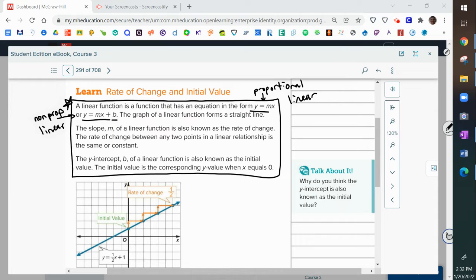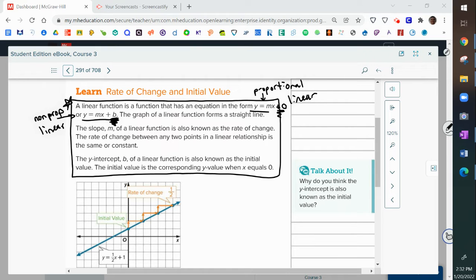And the difference is this b part. There's no b there because a proportional linear relationship crosses the y-axis at the origin. The y-intercept is 0, right? But if it's non-proportional, it crosses at a different spot than 0, so you have to put a number there where the b is.